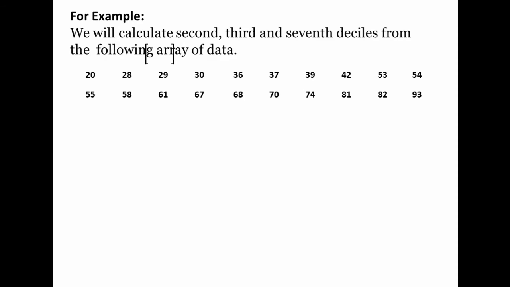Now, for example, we want to calculate D2, D3, and D7 from this data: 20, 28, 29, 30, 36, 37, 39, 40, 53, 54, 55, 58, 61, 67, 68, 70, 74, 81, 82, and 93.